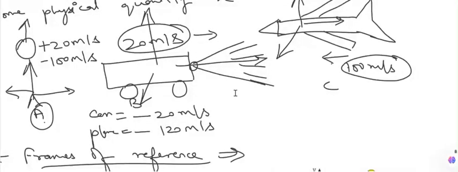Done? Now, let's come to this part. Basically, see, when we look at this particular picture, we can see that the car and the plane are moving, but the woman is standing still. That is what I had explained to you. Now, the presence of earth can be very, very confusing. Why?